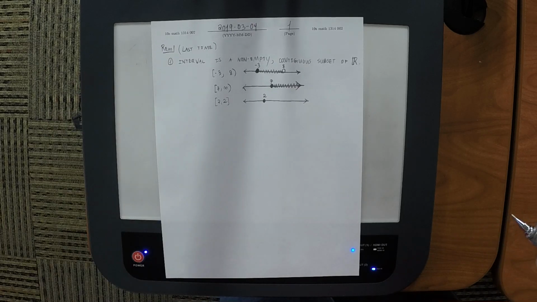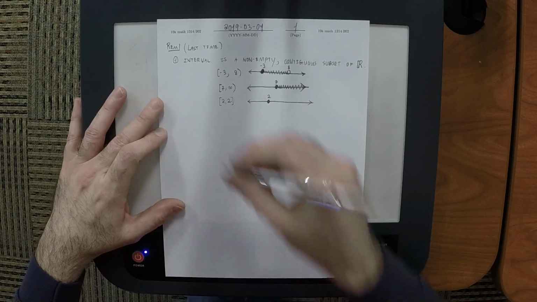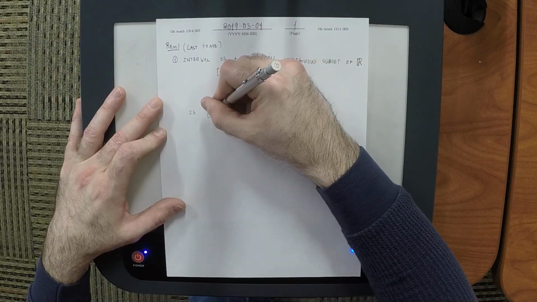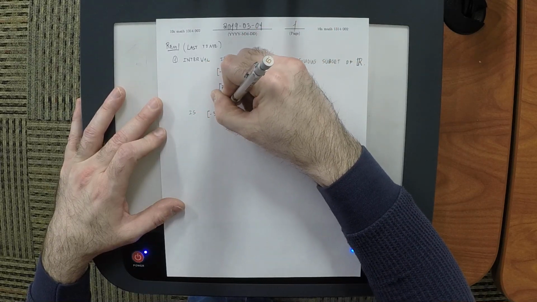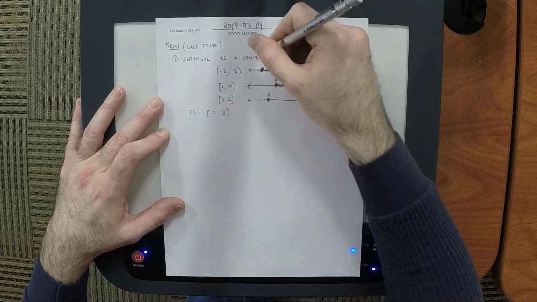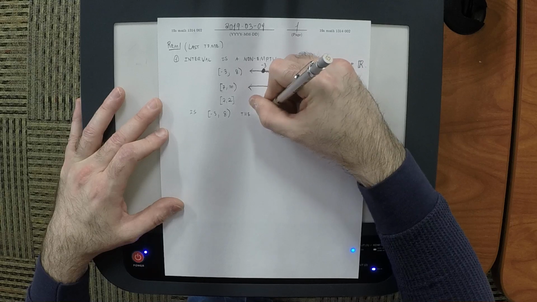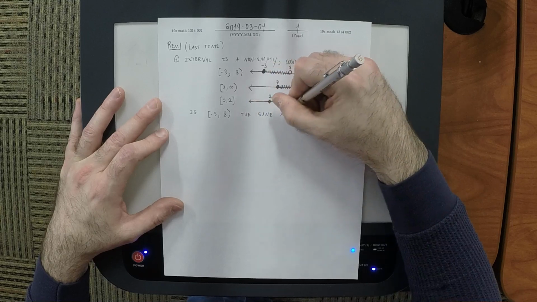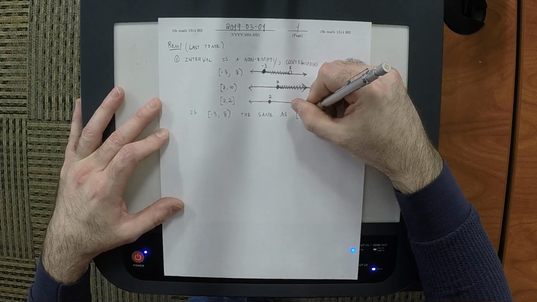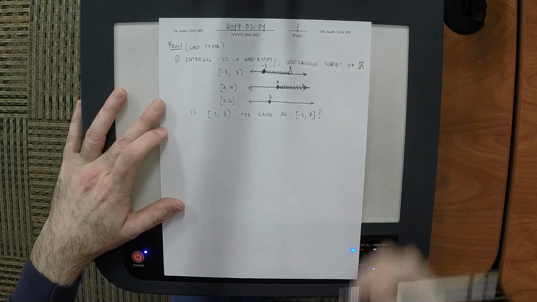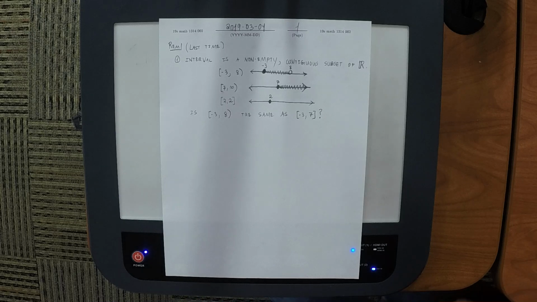Good. I have a question. So is the set -3 to 8, like that one we drew there, the same as -3 to 7, like that? So try and think about that for a moment.